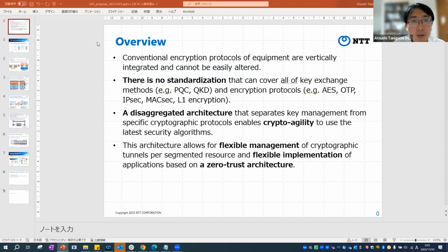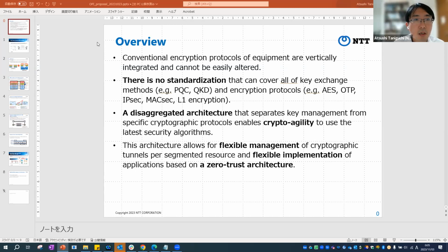So this is a topic of the ION Security Task Force. I would like to discuss the architecture, what the requirements are, and how we should solve this. I would like to share the issues.